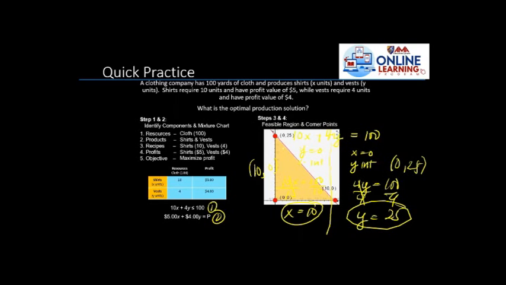Then, i-shade natin. Wait lang. So, shade natin siya hanggang sa origin. Then, yung corner points, i-plot natin. So, 0, 25, 10, 0, and 0, 0.